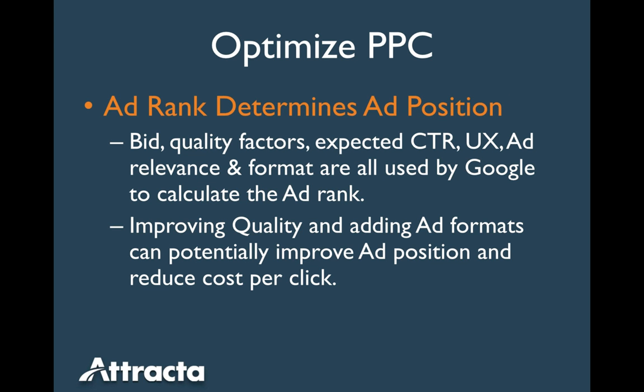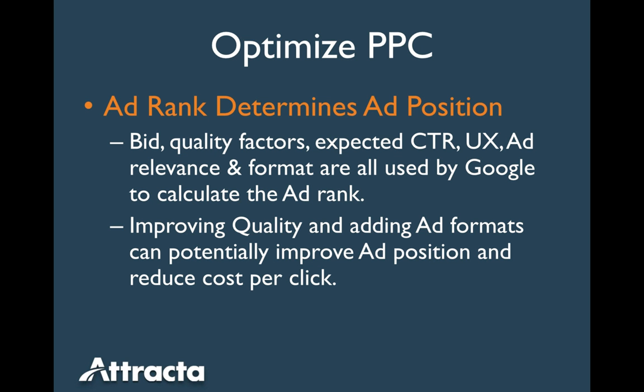People sometimes ask us, how does Google actually determine the ad rank and the position of the ad? Well, there are some factors that need to be considered. There is the actual amount of money, or the bid, that you are willing to make for the click. We've talked about some of the quality factors: the expected click-through rate, the user experience.